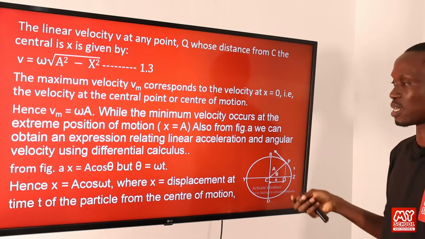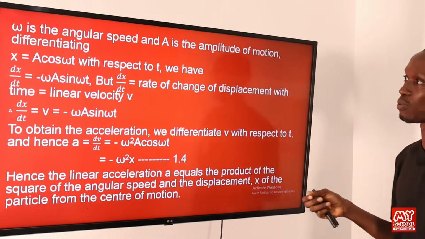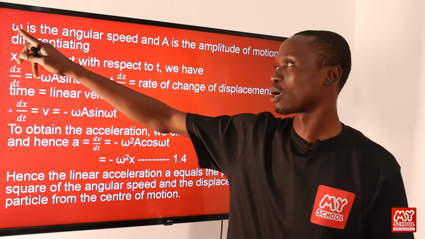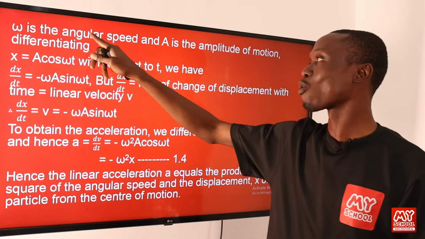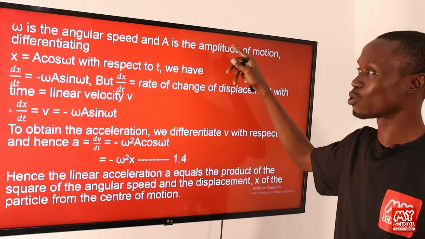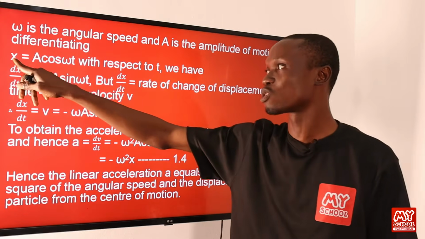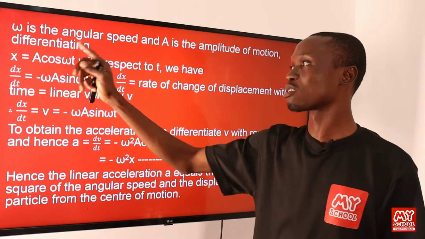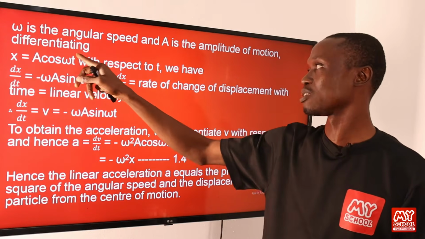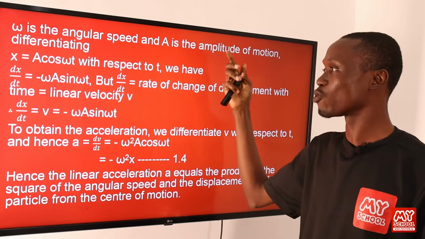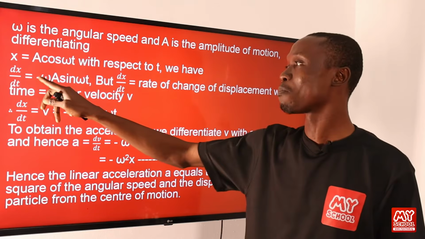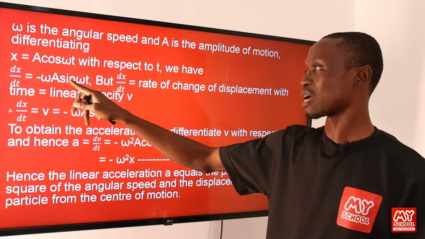Okay, so let's move to the next slide to continue with our derivation. Omega here is the angular speed and A is the amplitude of motion. So differentiating, of course, we are differentiating s with respect to t. So we are differentiating A cos omega t with respect to t. And if we do the differentiation, we will have minus omega A sin omega t.